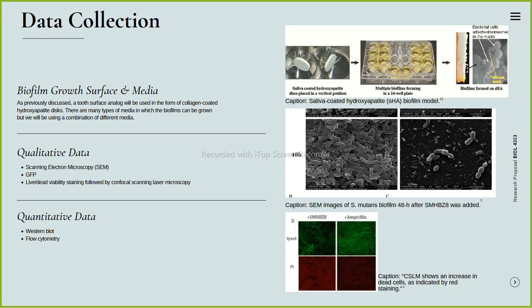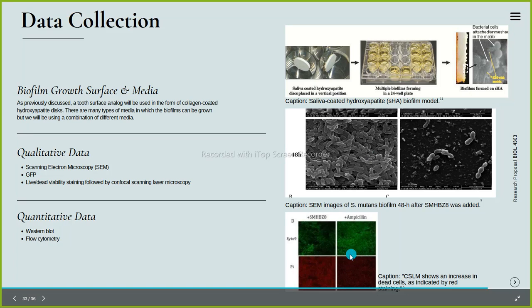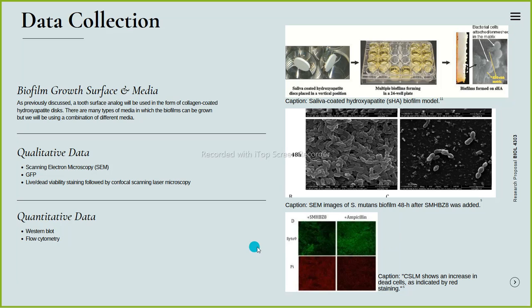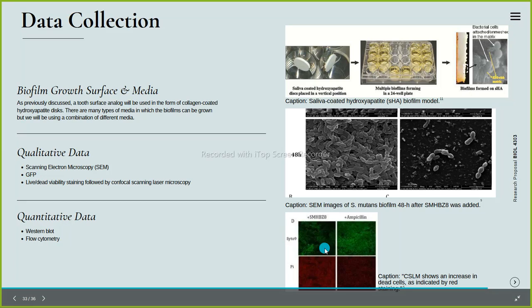We would also be doing live/dead viability staining, followed by confocal scanning laser microscopy, which can be seen down here. This is an example with the red cells indicating dead cells. This is just an example from one of those previous studies of the SMHBZ8, the viral vector that we are using against some bacteria.